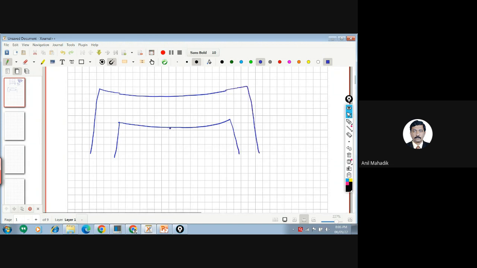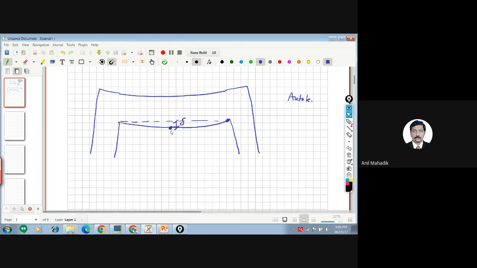So you can check the level here. You can use the auto level for measurements, yes or no? I want the level here, and I want the level at this point. I will check the level at this point, and the difference between the two levels will give me the deflection.